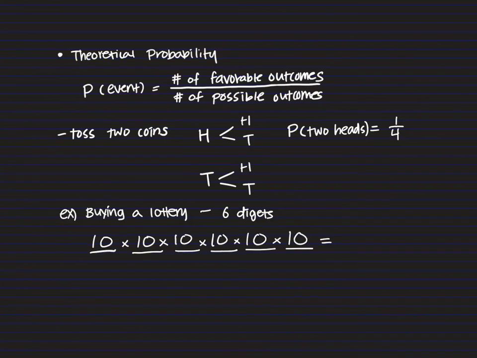So you're going to end up with 6 zeros. So you're going to have 1 million different chances for choosing a different number. Now, for a winning ticket, you only have one combination that will ensure you get the right number. So your chance of finding the ticket is going to be 1 in a million, literally.